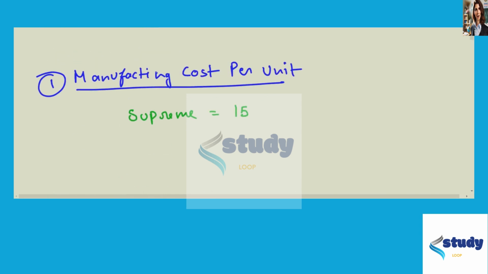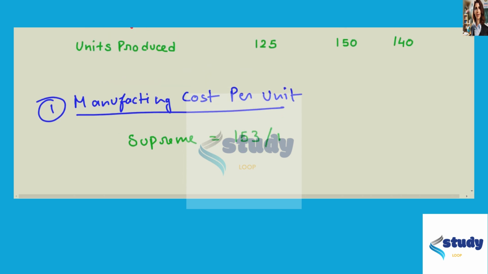So we'll take $153 divided by units produced, that is $125, which on solving gives $1.22.